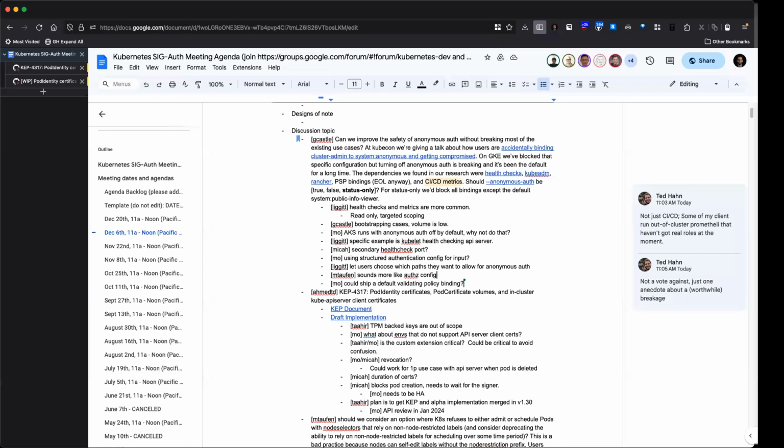If the list of expressions returns true, fine, it's allowed. Otherwise, it's not allowed. So that would match what we have for OIDC, basically. That could be a way forward.